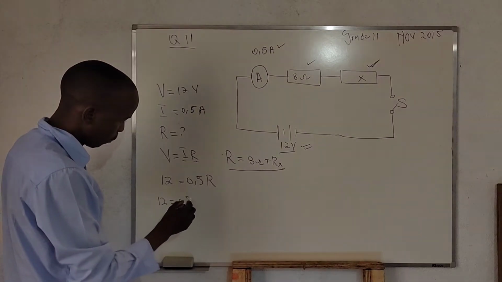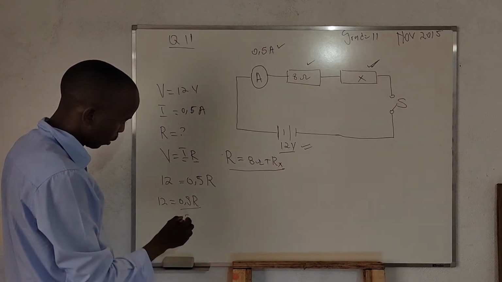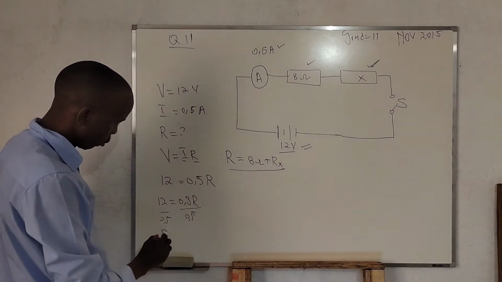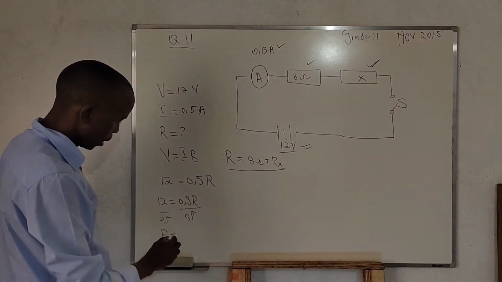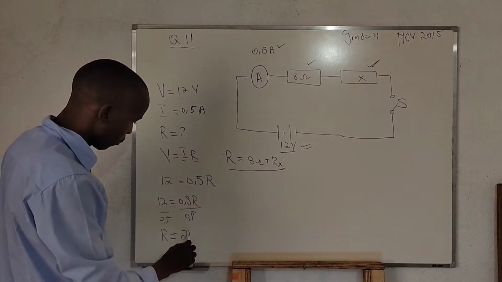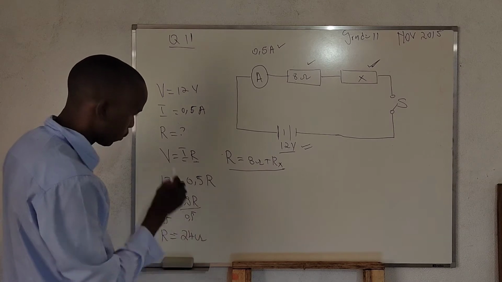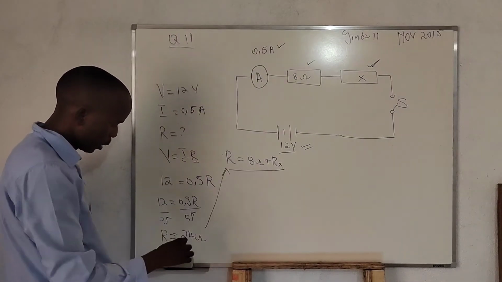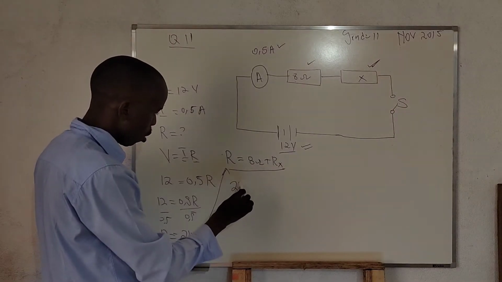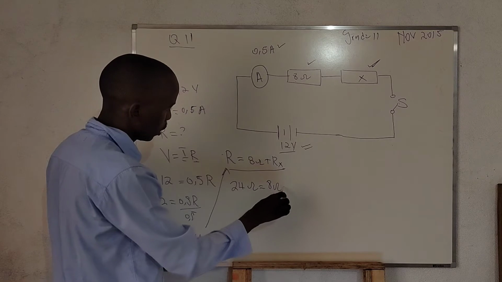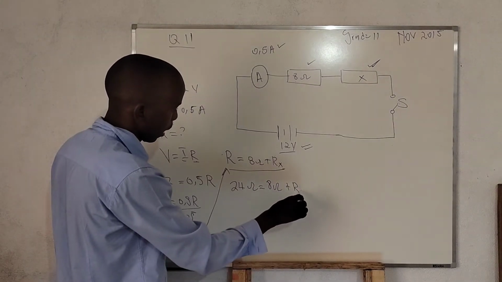As we proceed, we have 12 equals 0.5 R. Dividing by 0.5, R, the resistance in this case, will be 24 ohms. Then we know that R is equal to 8 ohms plus Rx, so let us substitute: 24 ohms equals 8 ohms plus Rx.